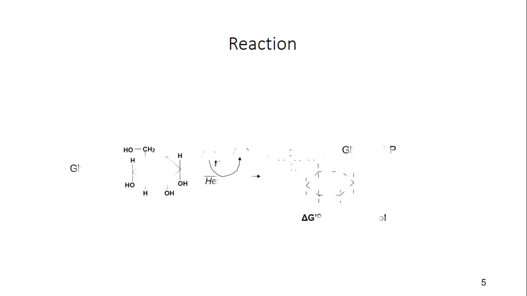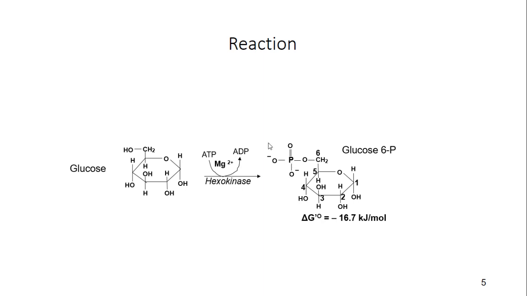Okay, so let's quickly move on and look at the reaction. This reaction can be represented by that. Remember, this reaction is phosphorylation of glucose, meaning there is an addition of a phosphate group to glucose, and this phosphate group is coming from ATP.